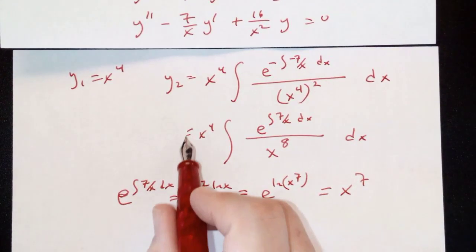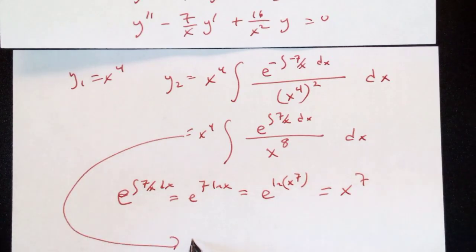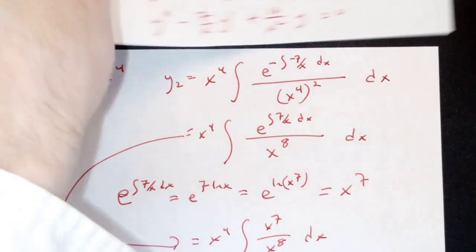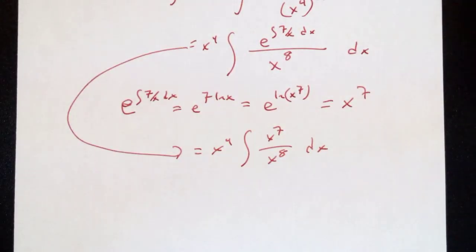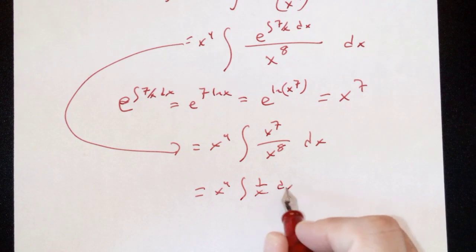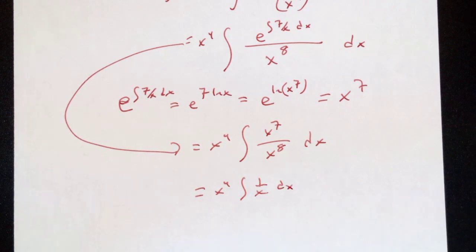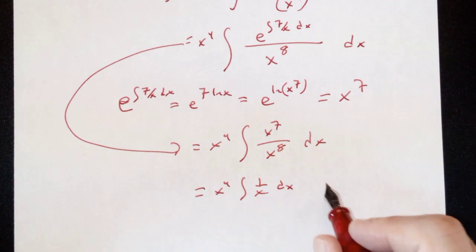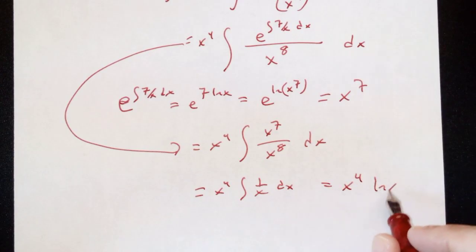So now this is x to the 4th times the integral of x to the 7th over x to the 8th dx. Which is x to the 4th times the integral 1 over x dx. What's the integral 1 over x? Lo and behold, I get x to the 4th ln of x. Exactly the same result.